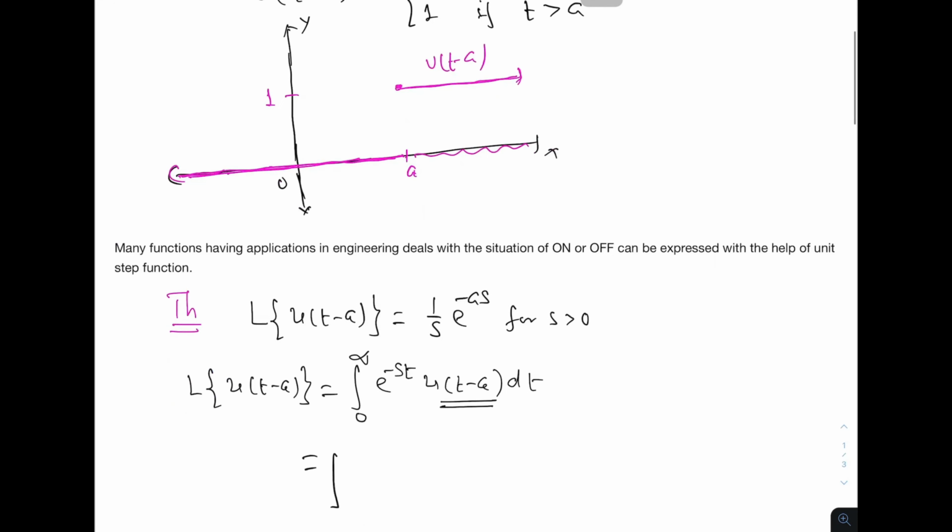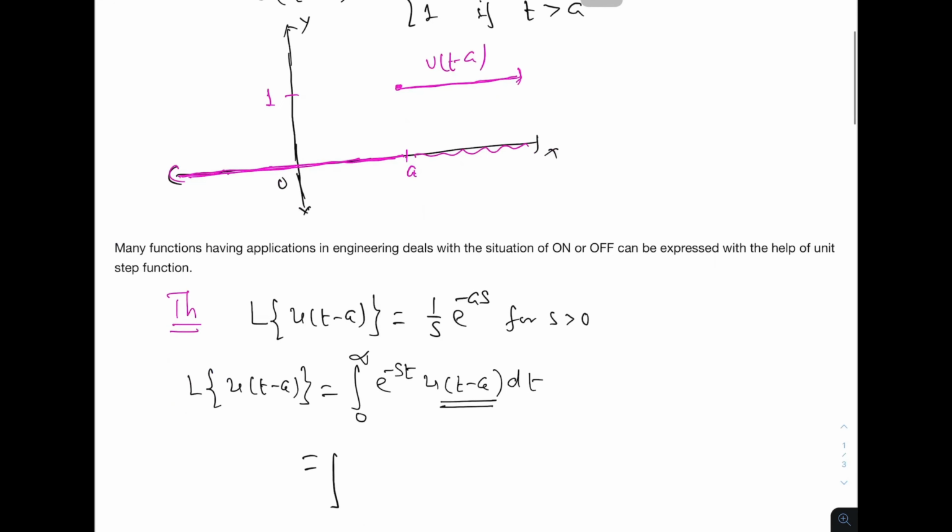This is now e power minus st over minus s, from a to infinity, that is t equal to a to t tends to infinity. We know that as t tends to infinity, e power minus st is 0.